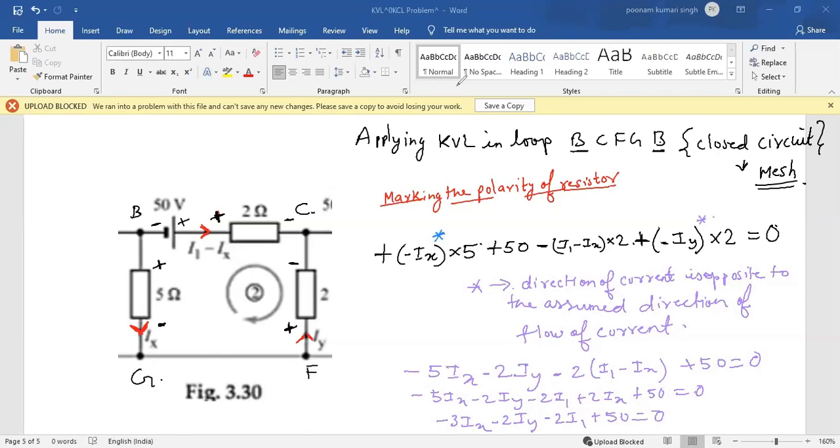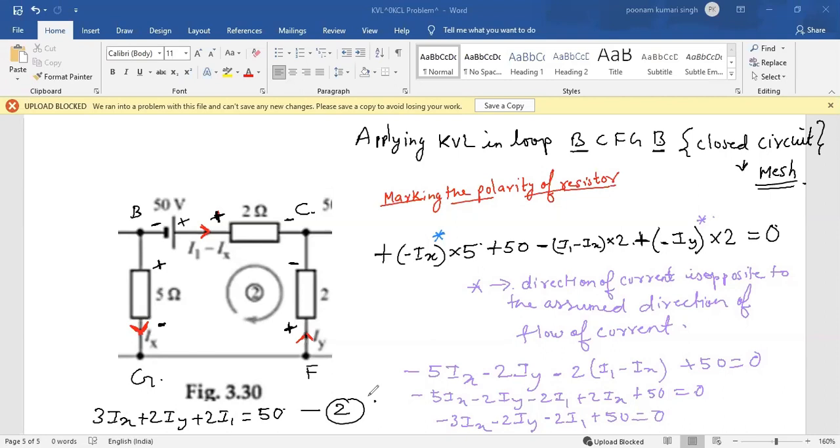So your third equation is nothing but 3Ix plus 2Iy plus 2I1 is equal to 50. Okay, so this is your second equation. Please look into this equation and try to understand each and every point, each plus and each minus, why you have taken that assumption or that value.